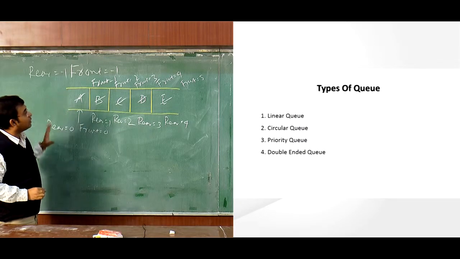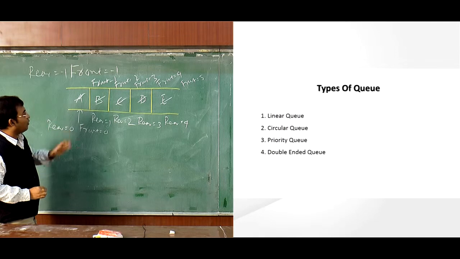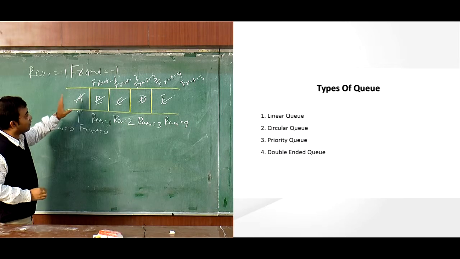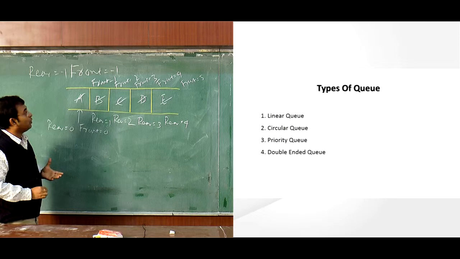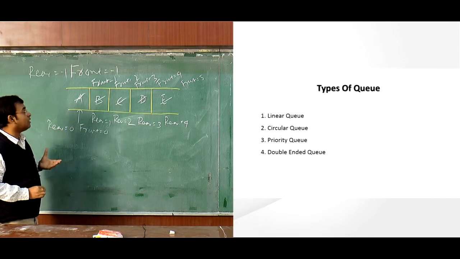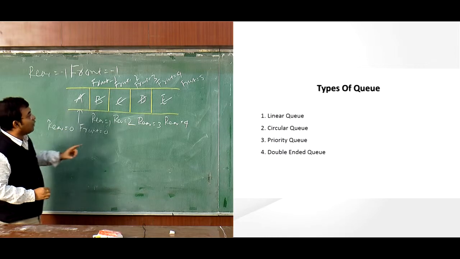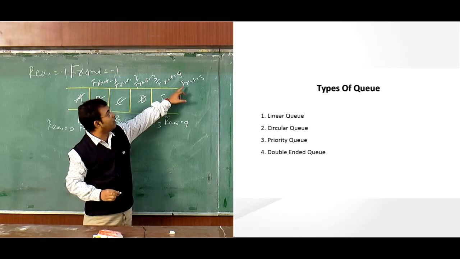From these operations, what you can conclude is that in case of deletions, first you delete, then you increment front. Apart from that, we must conclude the empty conditions of the queue also. There are two empty conditions. The first one: you can observe that the rear value is 4 and the front value is 5.